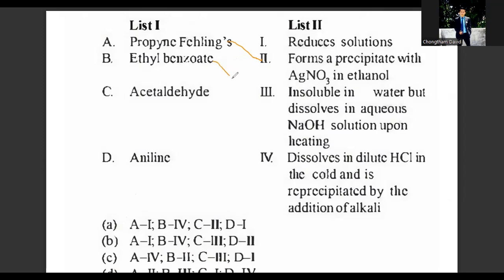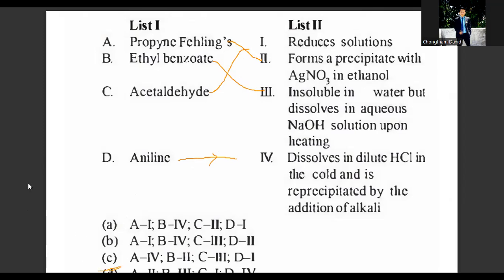Then ethyl benzoate, insoluble in water but dissolves in aqueous sodium hydroxide solution upon heating. Acetaldehyde reduces Tollens' solution. Aniline dissolves in dilute HCl. So match the columns: A2, B3, C1, D4. So the answer is option D. This is the answer for question number 38.